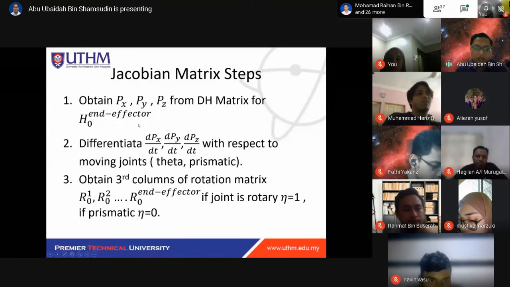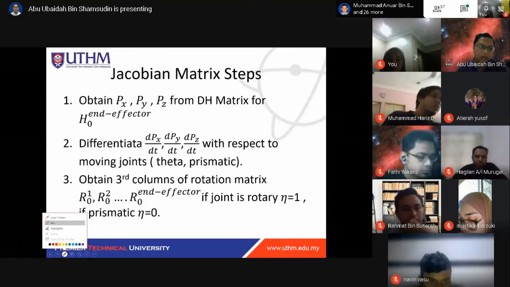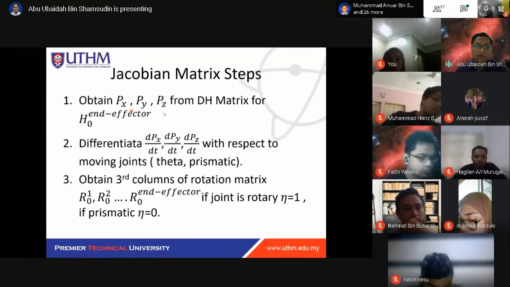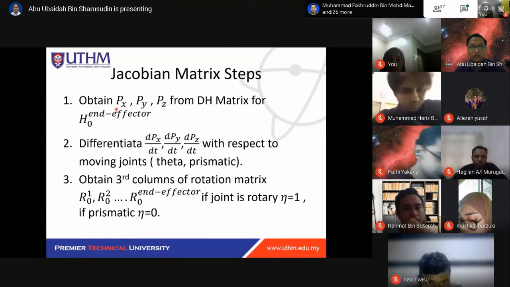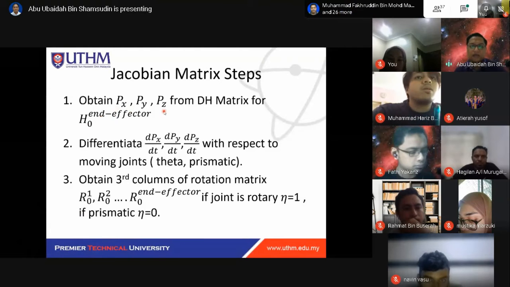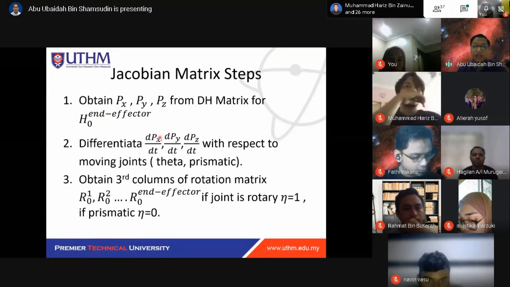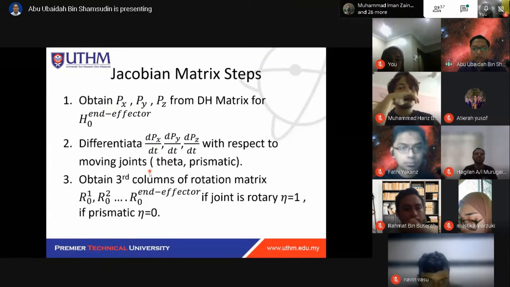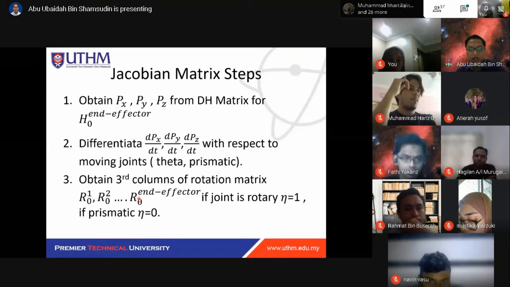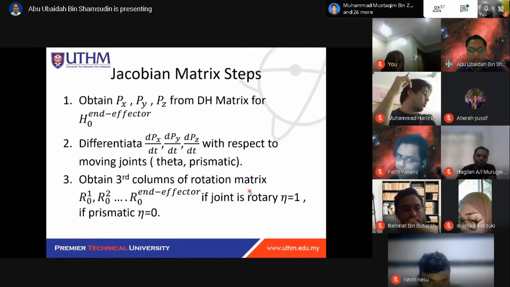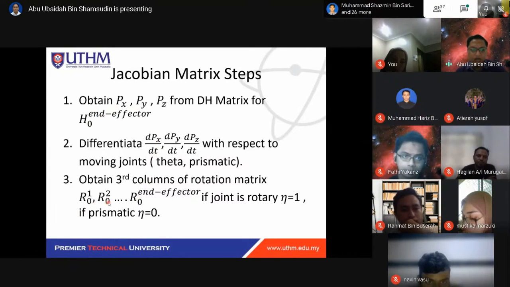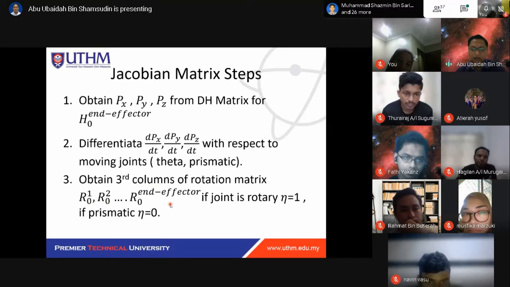First, we get the forward kinematics of our robot. From the forward kinematics, we find the px, py, and pz. Second, we differentiate the px, py, and pz. And the third part, we just need to find the J omega. So we use the third column of the rotation matrix, which is R01, R02, and until the end effector.